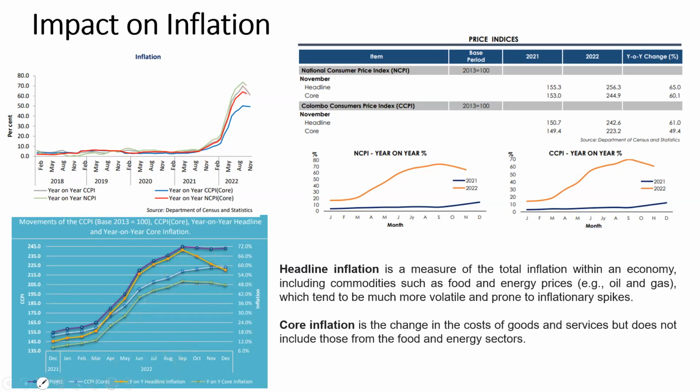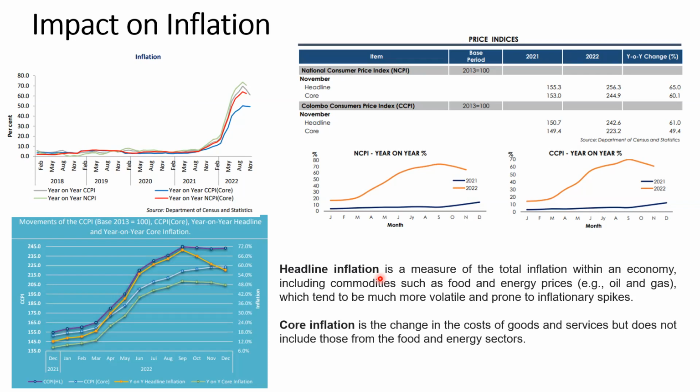Okay. Now here you can see the inflation growth. There are different inflations: headline inflation and core inflation. I have given you this as additional information, but from your examination point of view, if you can write what inflation means, I will assume it's okay.